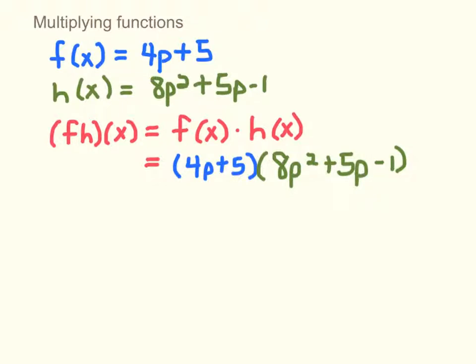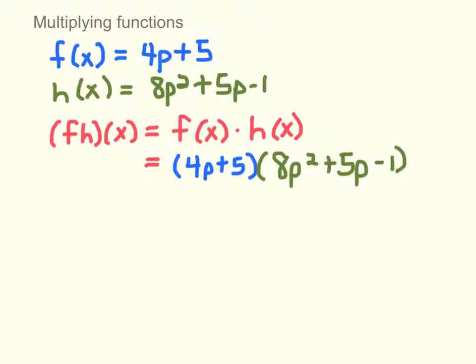I'm going to show you two different ways to do this problem. The first one, I'm going to just use my distributive property, and then on the next one I'll show you how to do it using a box or a rectangle.